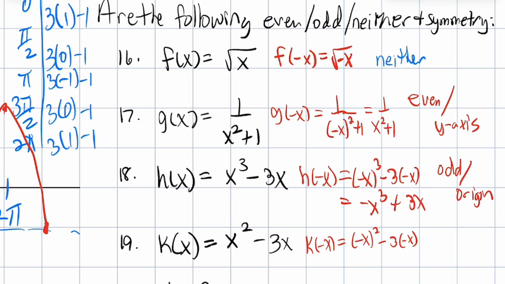The first piece becomes a positive, or remains a positive. The second piece becomes a negative. So if we compare that back to the original, this piece here is the same as it started, but this piece is the opposite of what it started, and it either has to be one or the other. It can't be a combo of those things. So this is a neither as well.